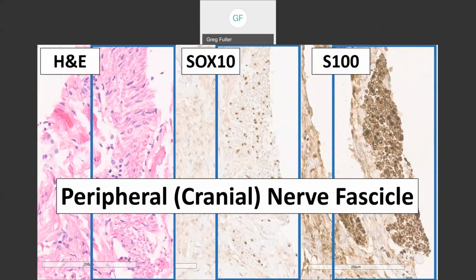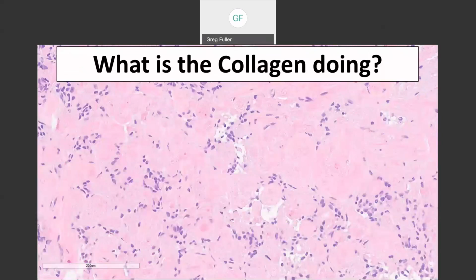All right, so this is peripheral nerve fascicle. There are actually 2 or 3 in the specimen distributed throughout the various fragments. Now, because we are in the posterior fossa, which was the site of the biopsy and partial debulking, these are cranial nerve fascicles.